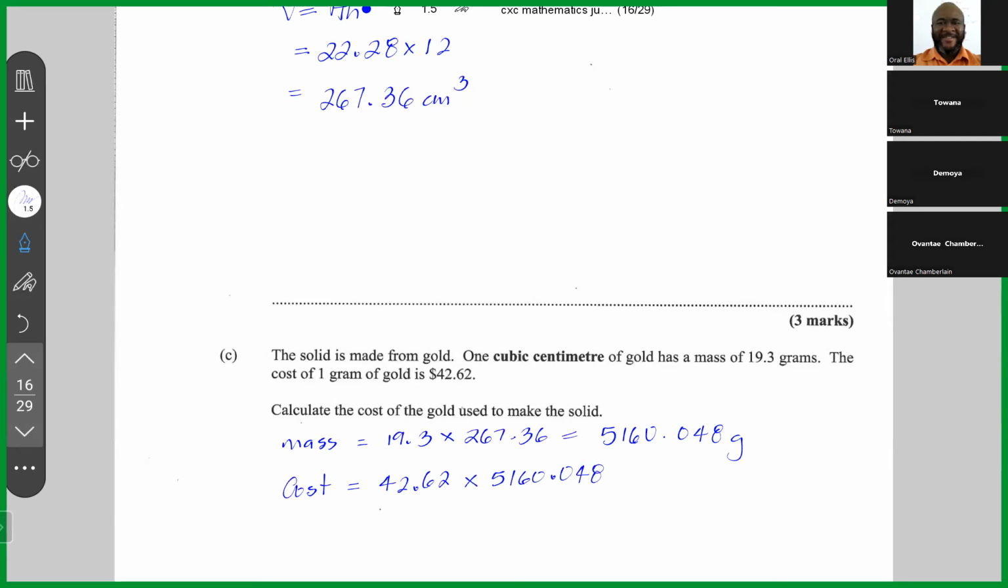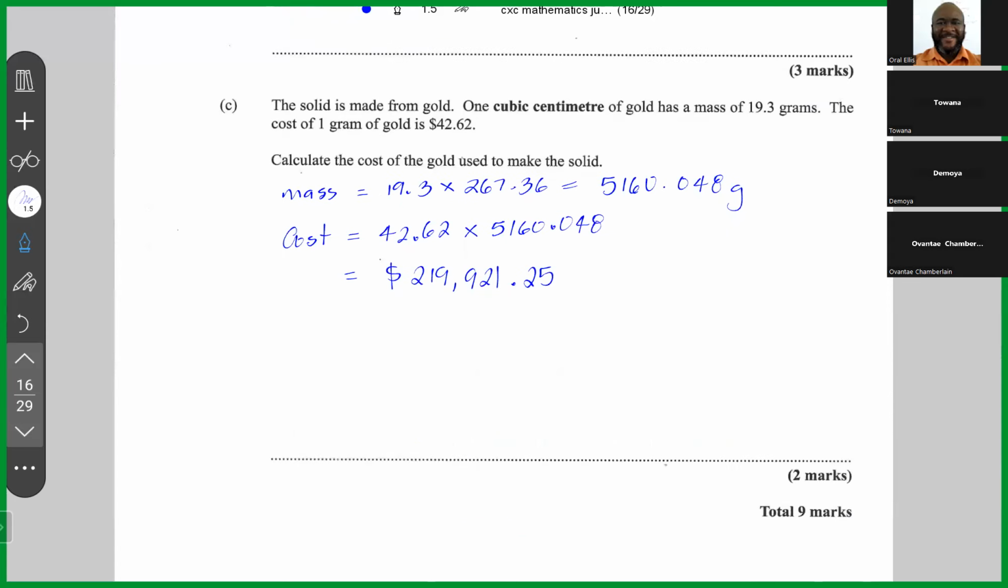And when we multiply, we end up with 219,921.25. So the cost of the solid is $219,921.25. And that is the end of the question.